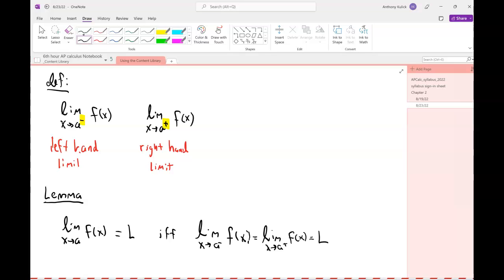Okay, so we say the limit as x approaches a of f of x is equal to L if and only if the left-hand limit is equal to the right-hand limit, which is also equal to L. Everybody's cool with that? That was basically the observation that we just made. We've just formalized it into a definition.